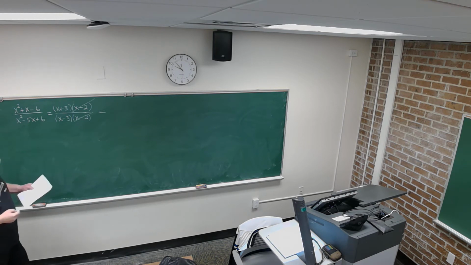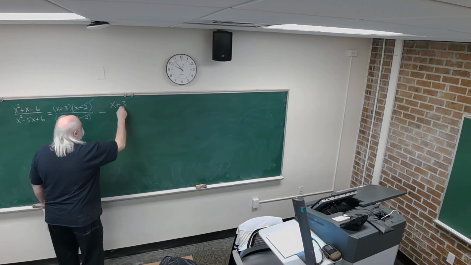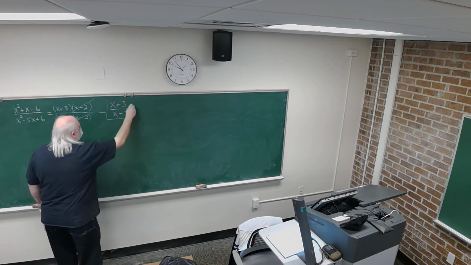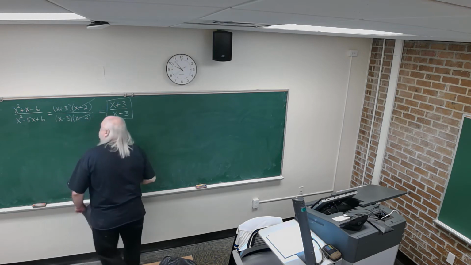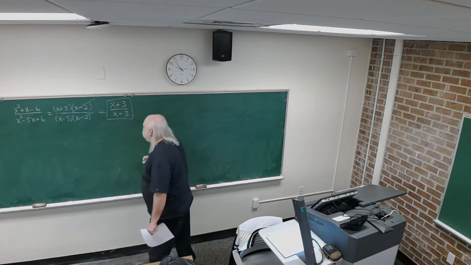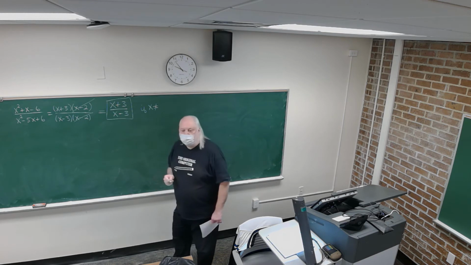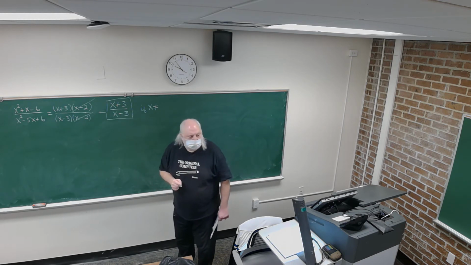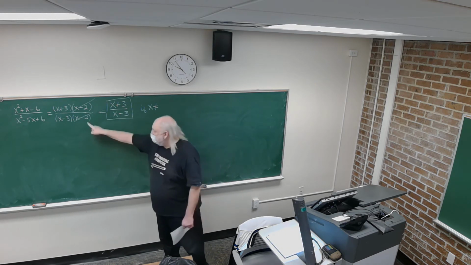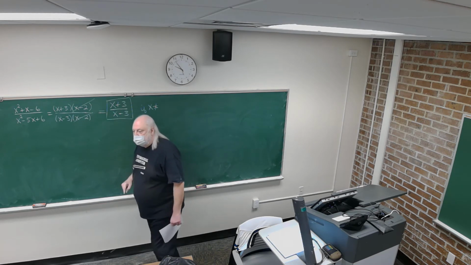And we're left with x plus 3 over x minus 3. And this rational expression simplifies to this under the condition that x doesn't equal what number? Yeah, positive 2. Positive 2 makes the denominator equal to 0.